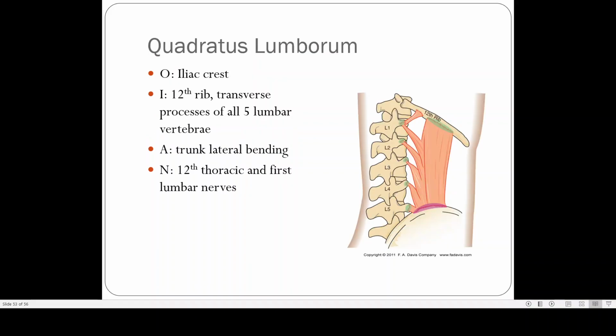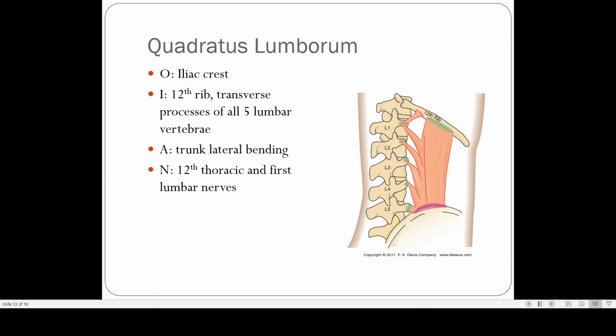And then quadratus lumborum is a deep muscle sort of above your iliac crest. It originates on the iliac crest and runs up to the 12th rib and the transverse processes of all 5 lumbar vertebrae. It does trunk lateral bending, but it's also really important in performing a hip hike.